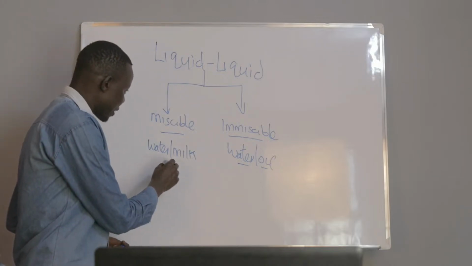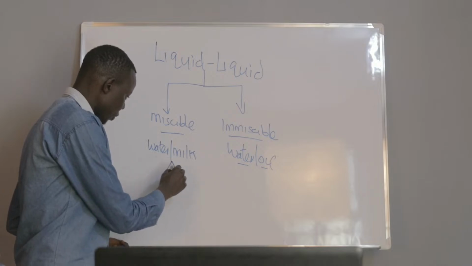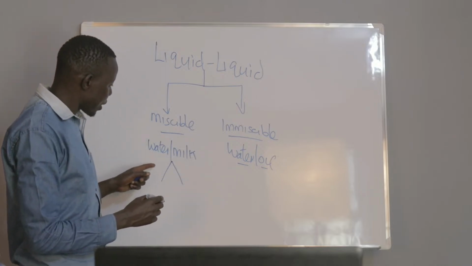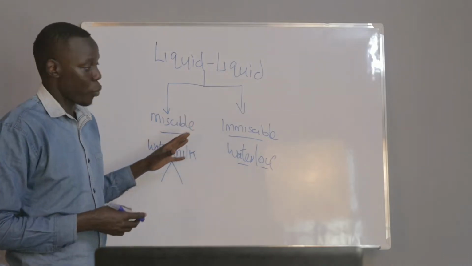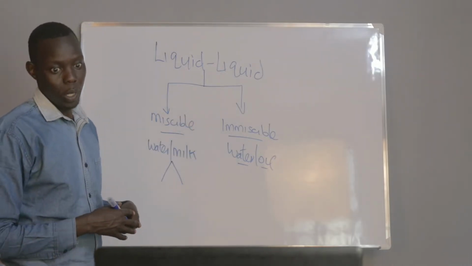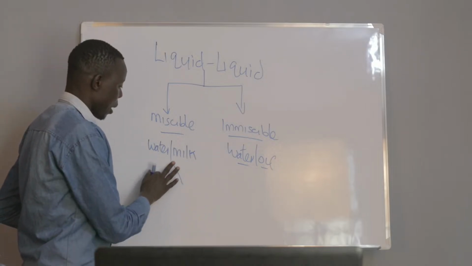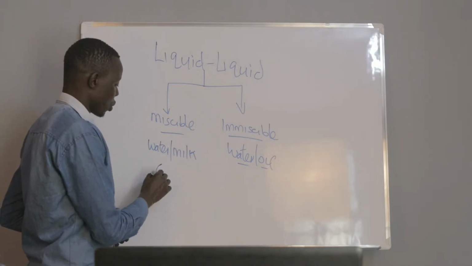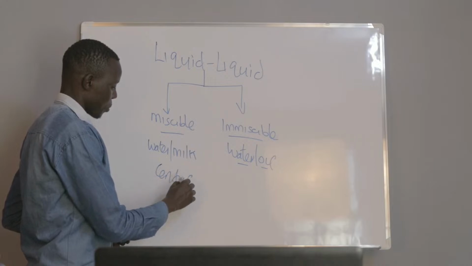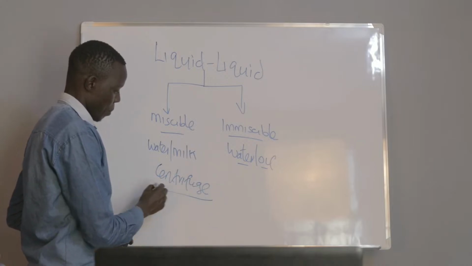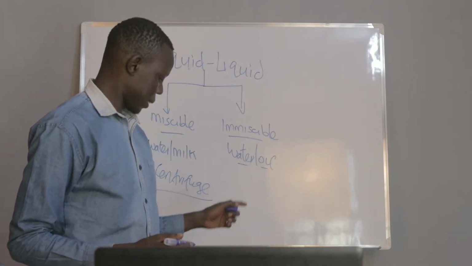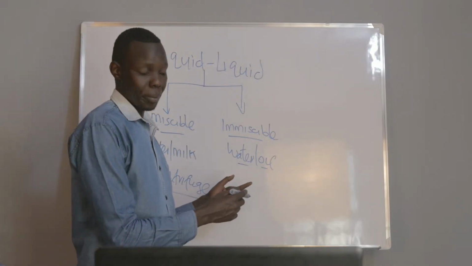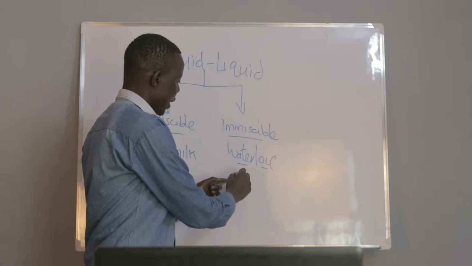Now, if you want to separate this, there are various ways in which you can use to separate. But in our case, right now, we don't study them. In Form 4, later on, we will learn that this one can be separated by use of a centrifuge. But water and oil can be separated by use of the following methods: decantation.